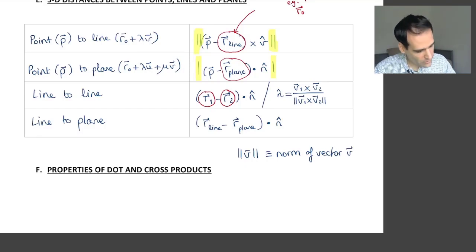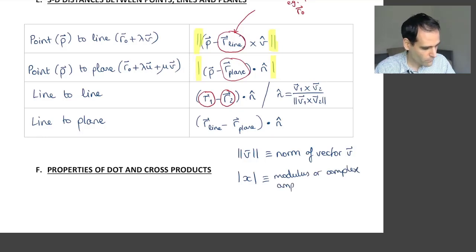But when I use only one line, it's because what is inside is a scalar, and this means the modulus or the complex amplitude of a scalar. In order to distinguish these two operations, I use the double lines for vectors, so you calculate the length of the vector using the double line, or the single line to calculate the modulus.